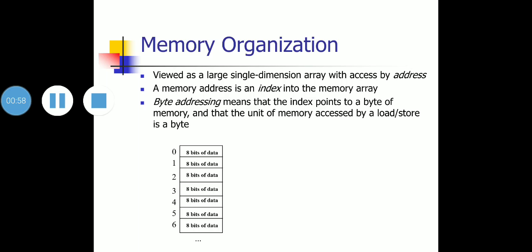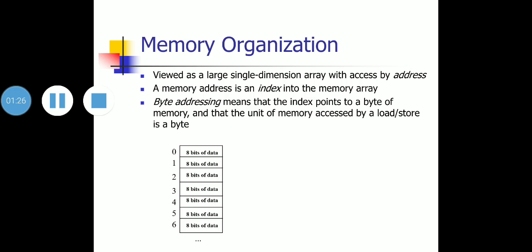With byte addressing, inside the memory the data are stored in words, that is 32 bits. If we go for byte addressing, the index points to a byte of memory. What is a byte? It is 8 bits. So byte addressing means that the index points to a byte of memory, and the unit of memory accessed by a load or store instruction is a byte.